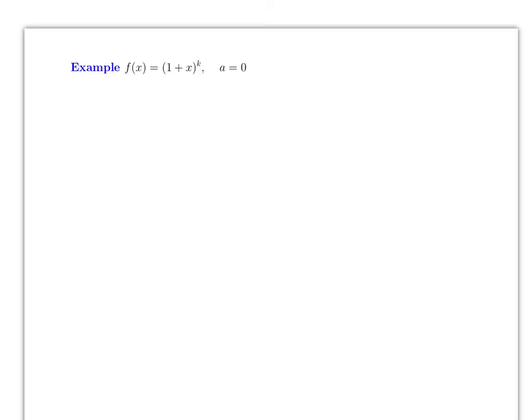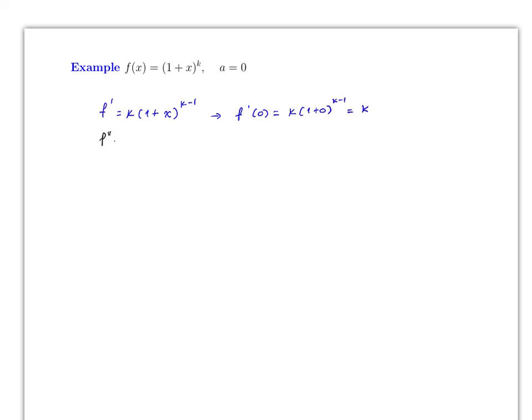All right, so let's do one last example. Here we also have a Maclaurin series, so f prime is going to be k(1 + x)^(k-1), and obviously f prime of 0 is going to be k times (1 + 0)^(k-1), which is just k.